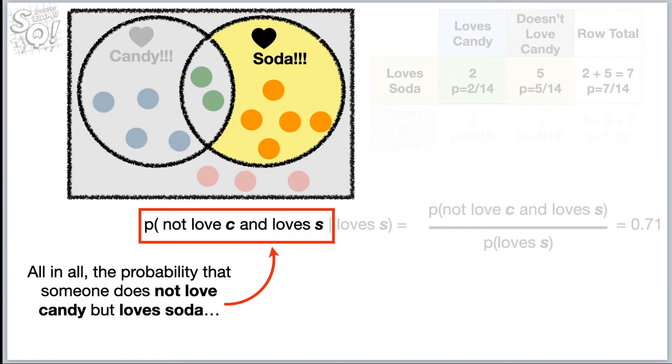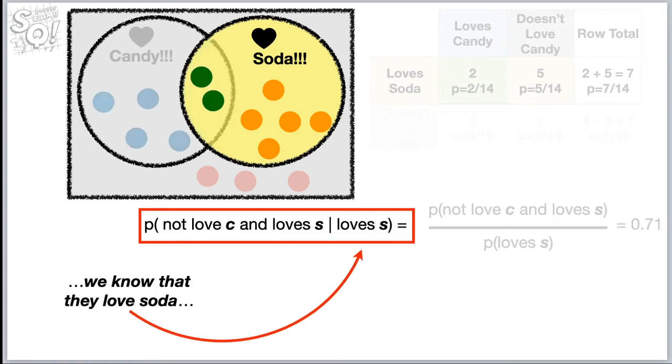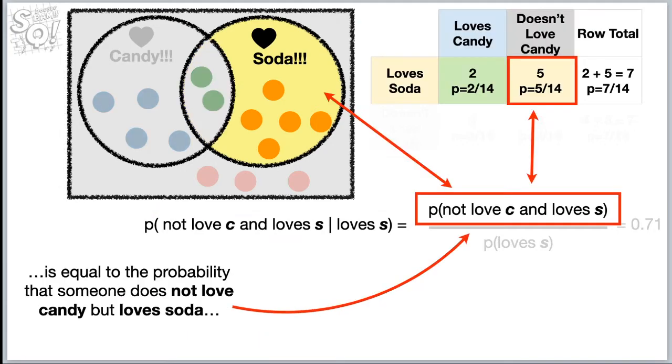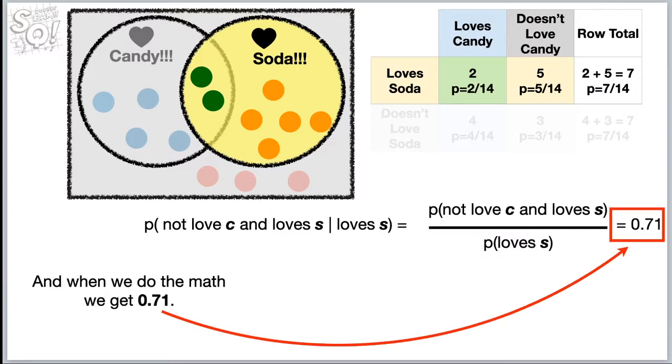All in all, the probability that someone does not love candy, given that we know they love soda, is equal to the probability that someone does not love candy but loves soda, which is the left side of that conditional probability, divided by the probability that someone in Statland loves soda, which is the right side of that conditional probability. No big deal. And when we do the math, we get 0.71.